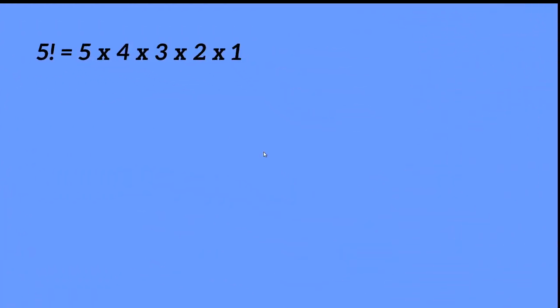Now there are different ways to write it. One way of writing 5 factorial is 5 into 4 into 3 into 2 into 1, right? Now if you look at 4 factorial, it is 4 into 3 into 2 into 1. If you look at both, you see that 4 factorial is included in 5 factorial.